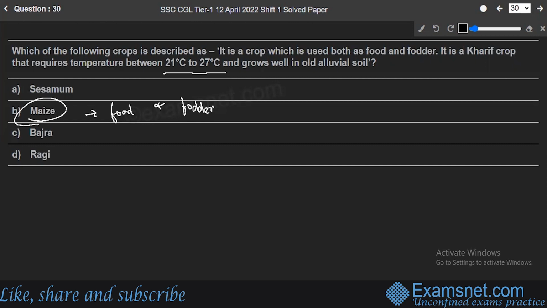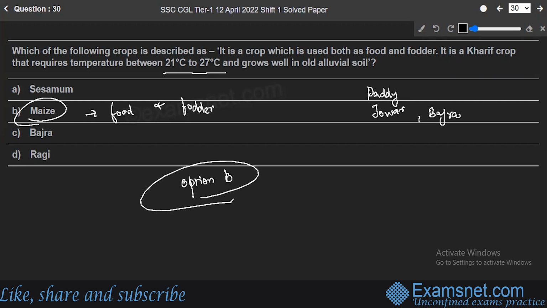The use of modern inputs such as seeds, fertilizer, and irrigation have contributed to the increasing production of maize, right? Some other kharif crops are paddy, jowar, bajra, right? So the answer to this question is option B.